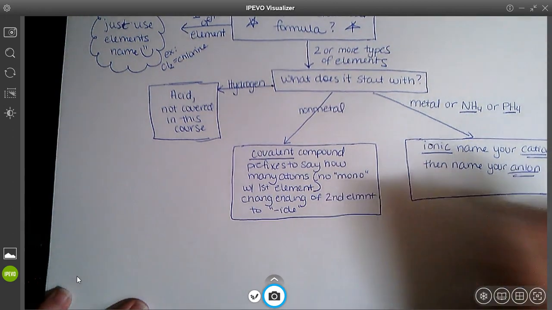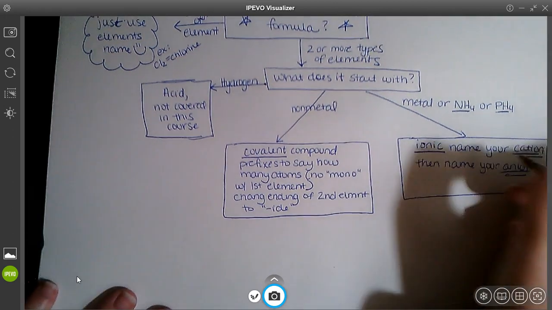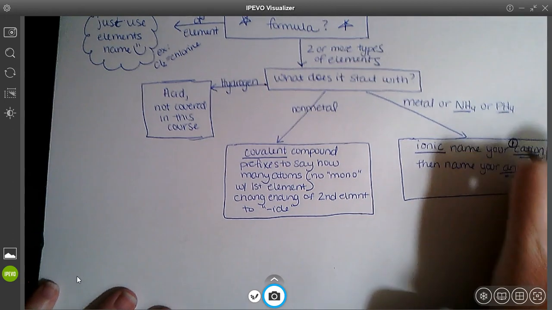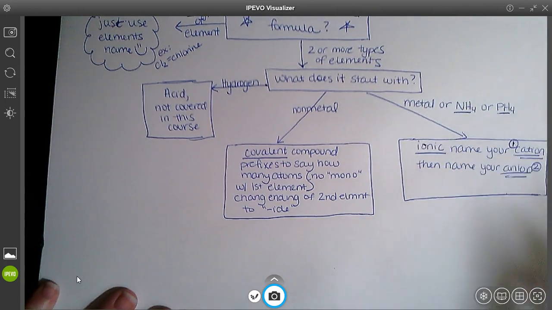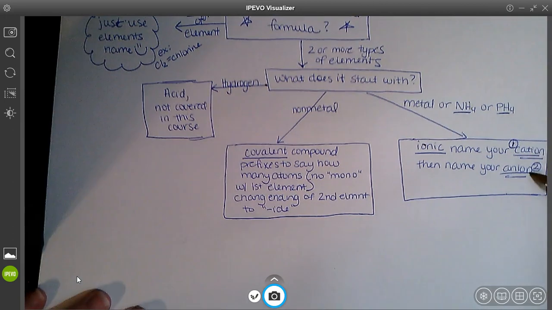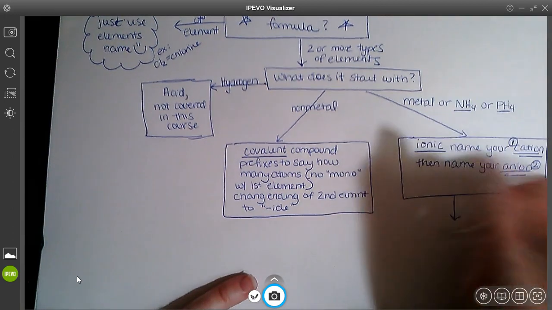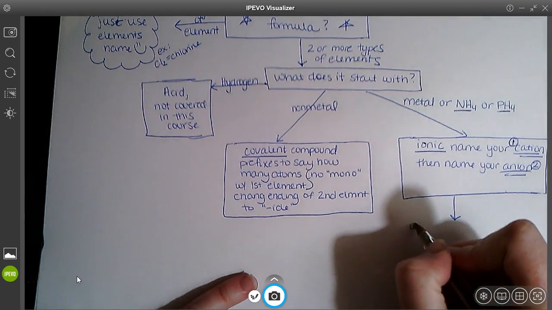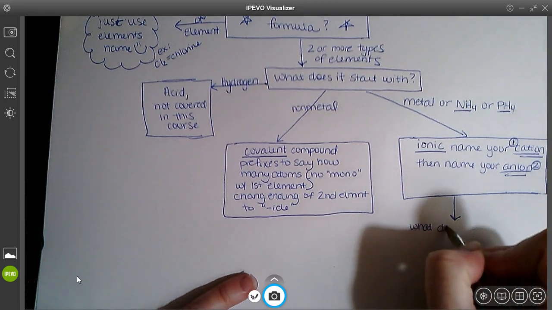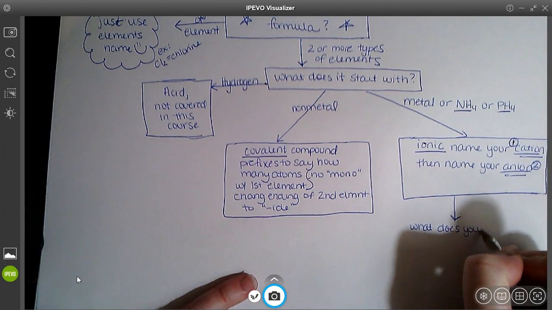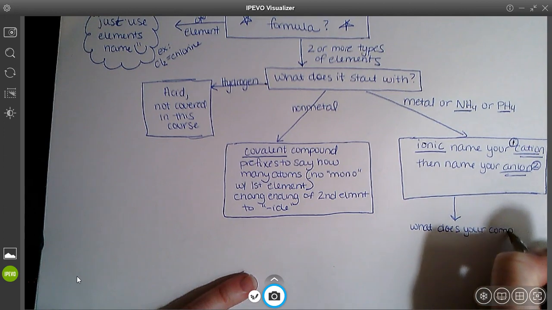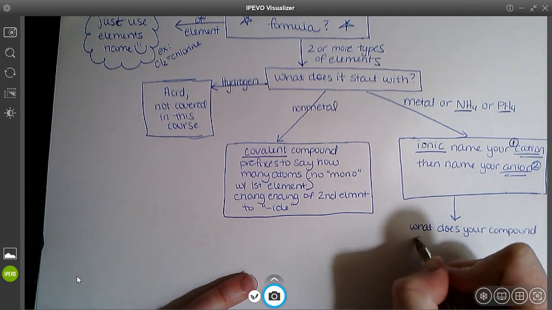So first, we're going to start with the cation. So this is your first thing, and this is your second thing for the name. You always say cation, then anion. The first step, name your cation. What does your compound start with?